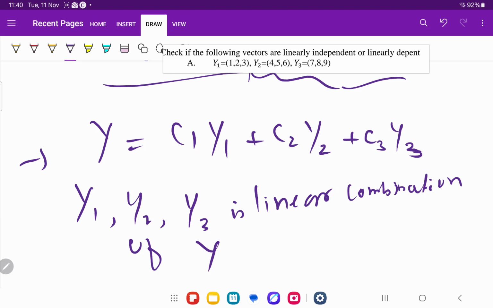That idea we have seen already. Now how will this idea be converted to linear independence and dependence?